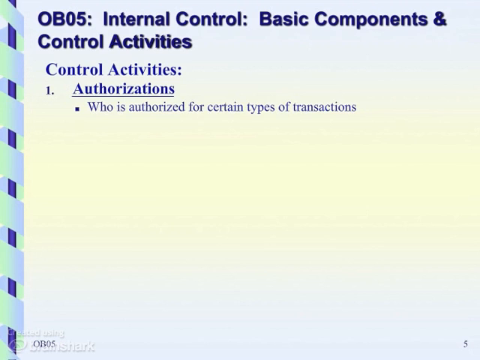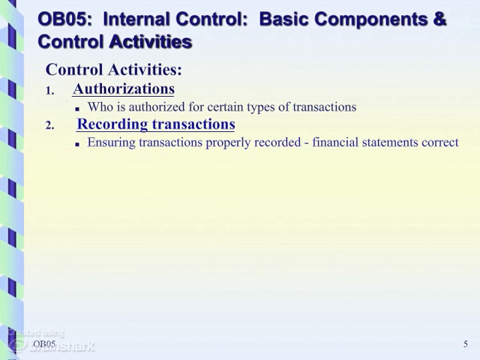First, the first type of control activity is authorizations. Authorizations are putting in place who is authorized to handle certain types of transactions. Second, recording transactions, ensuring that transactions are properly recorded so that they enter the financial statement information correctly.